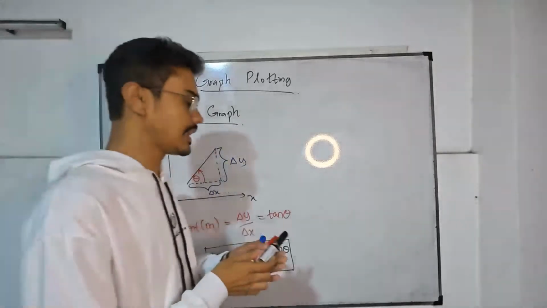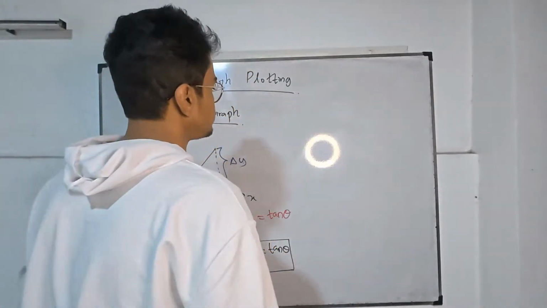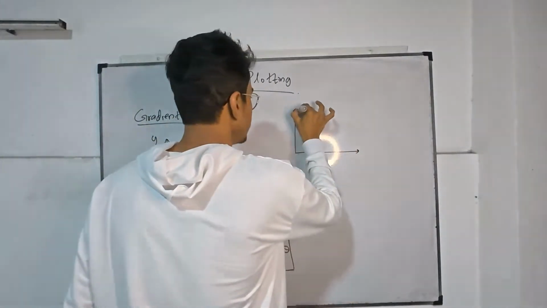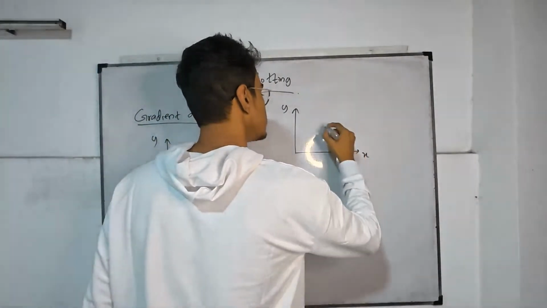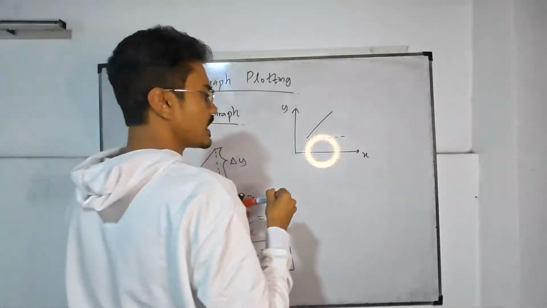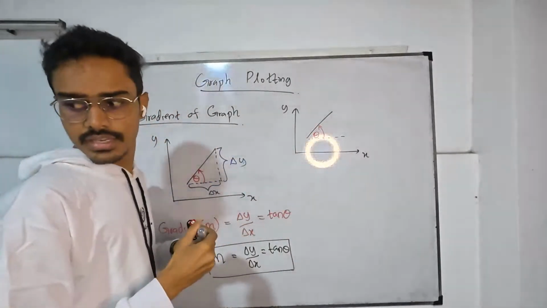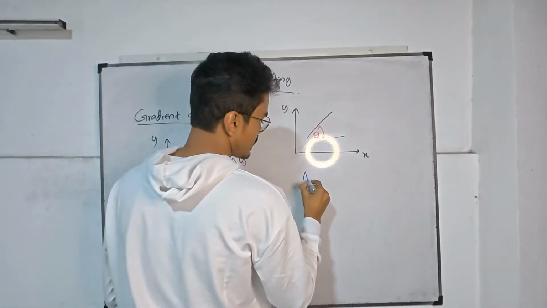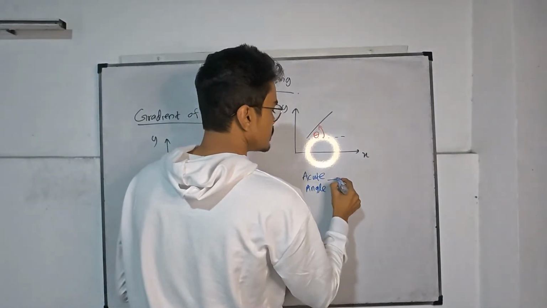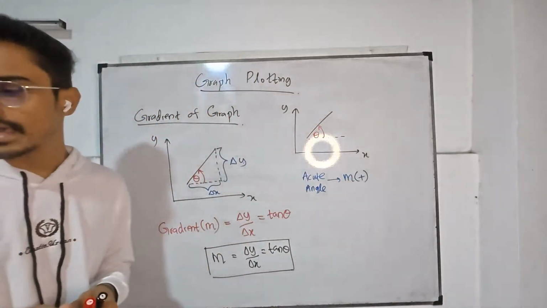Next thing is about the sign here. Look at the board again. If this angle with the horizontal axis is an acute angle, the gradient is plus.